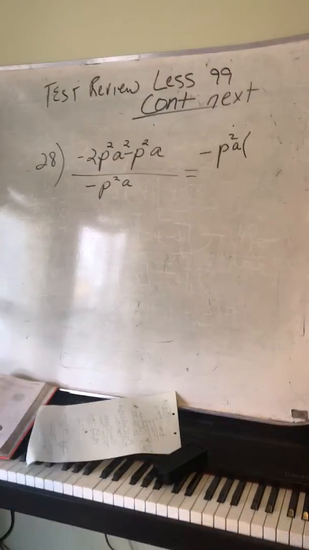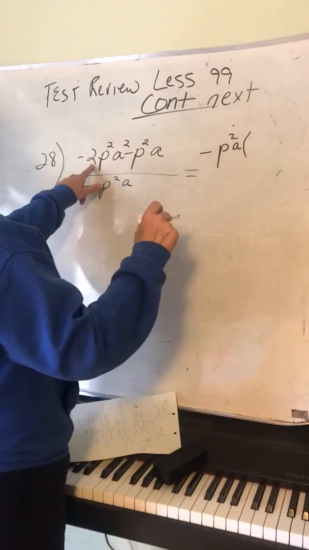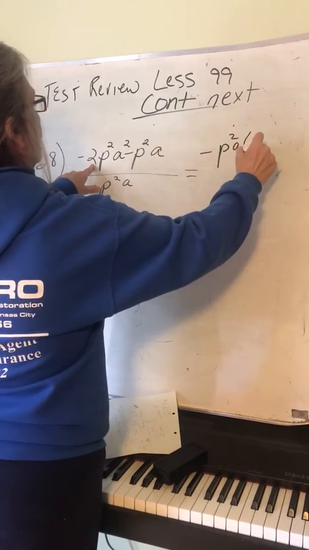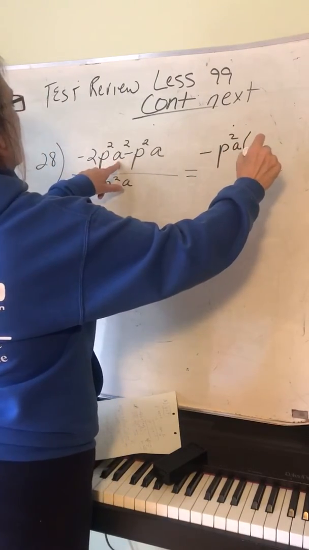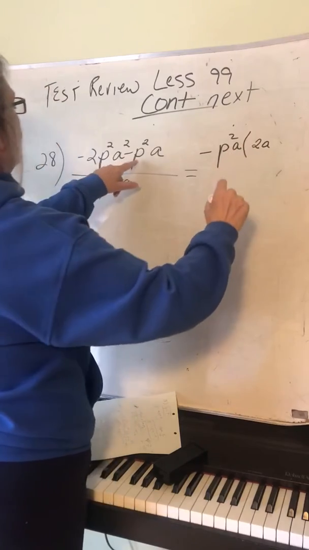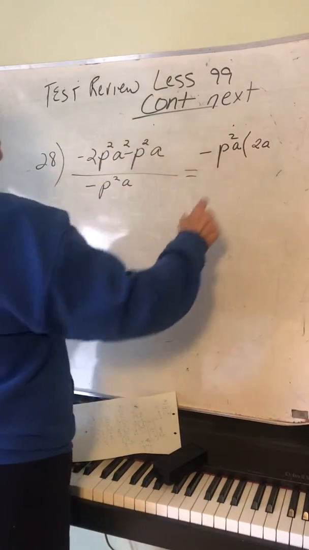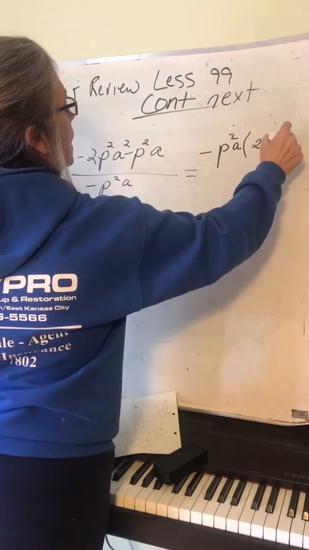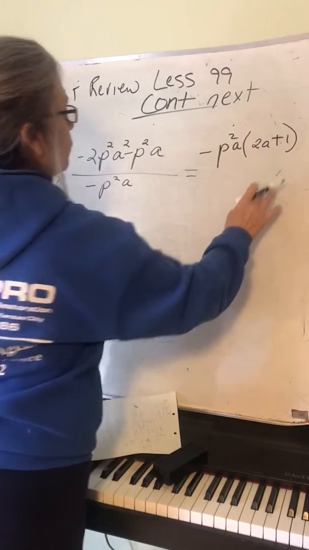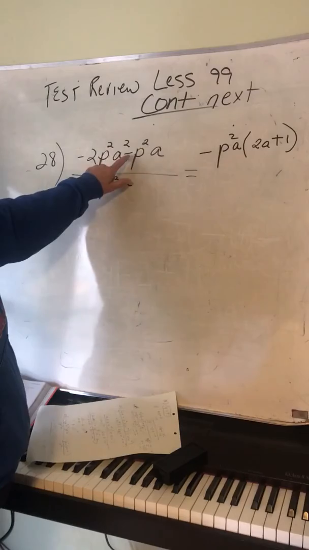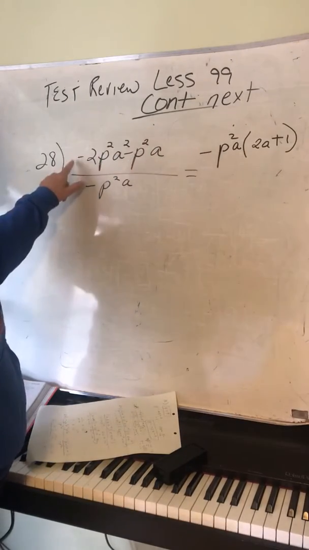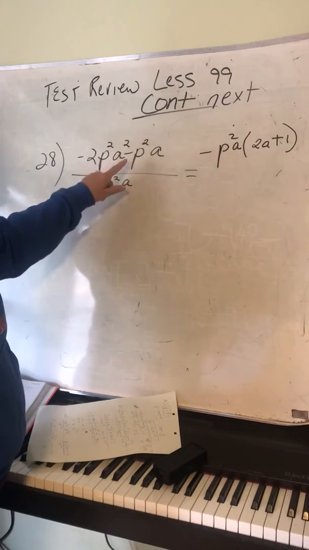When you factor that out, what are you left with? You're left with 2a for this one, and then you factored out this whole amount here. You're left with a plus 1. You have to be careful there, because when you pull out the negative, you're changing your signs here.